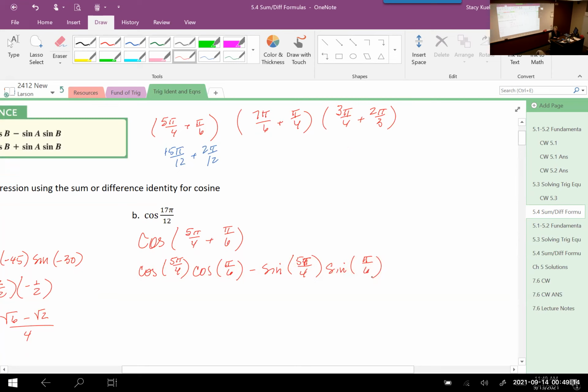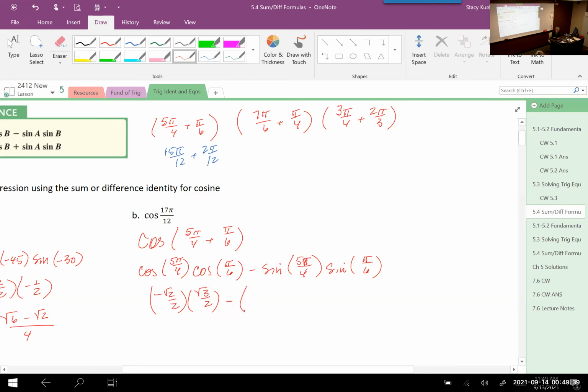What's the cosine of 5 pi over 4? Where is 5 pi over 4? Third quadrant, so this is going to be negative, and cosine is negative square root of 2 over 2. Very good. How about cosine of pi over 6? Square root of 3 over 2.